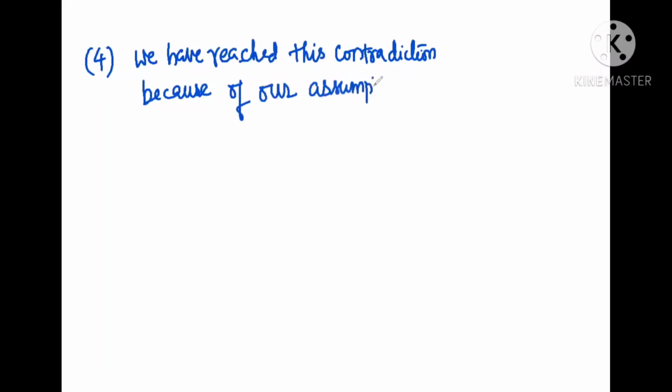What have we assumed? Root 5 is not irrational. This is what we have assumed. Due to this, we have reached the contradiction. So our assumption is wrong.